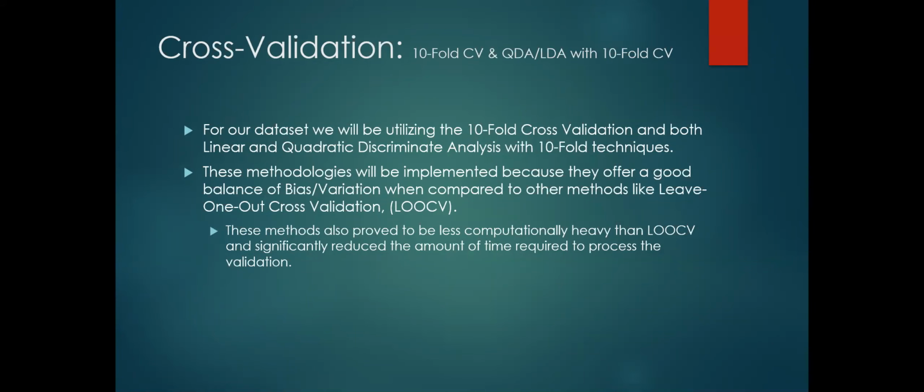We went with these as opposed to something like leave-one-out because it was a lot faster for our computers. It was much less computationally intensive, and it also allowed us to get a wider range of variable points throughout these three different ones and allowed us a balance of bias and variance.